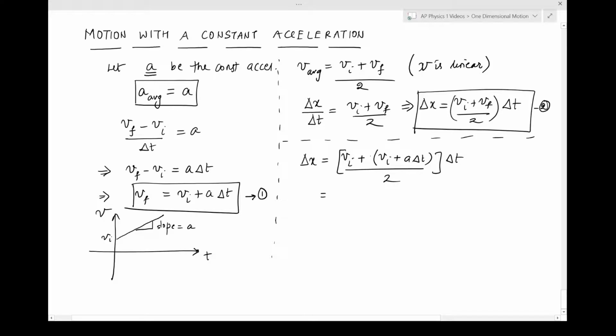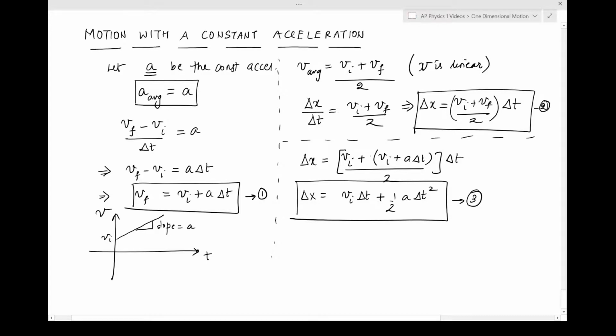And this gives us, after a little bit of manipulation, Vi times delta t plus 1 half a times delta t square. So this would be delta x, and this becomes our equation 3.